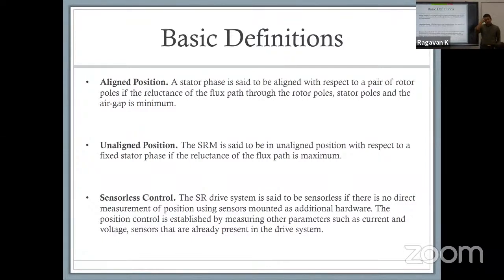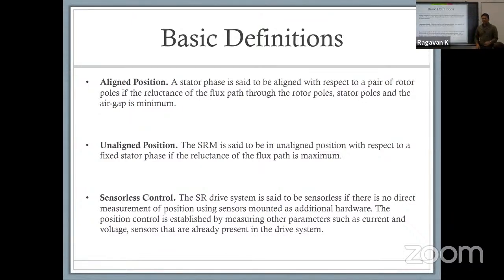If you are able to create a system where you can use the terminal measurements to identify the position, that is very beneficial, because that allows you to create a sensorless control, which can be cost effective as well.